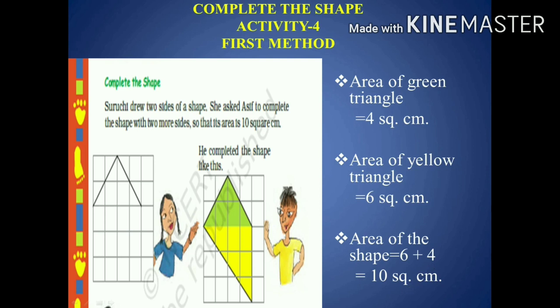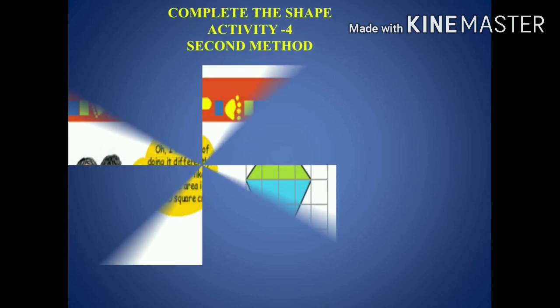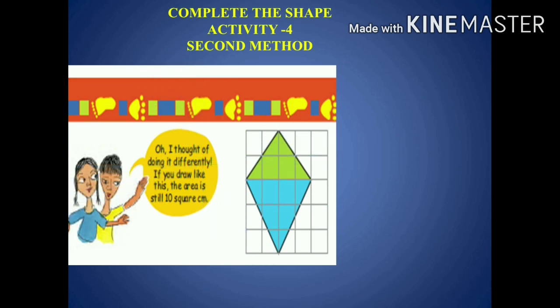But Suruchi said that I can draw by the second method, that is like this: a green triangle and a blue triangle.